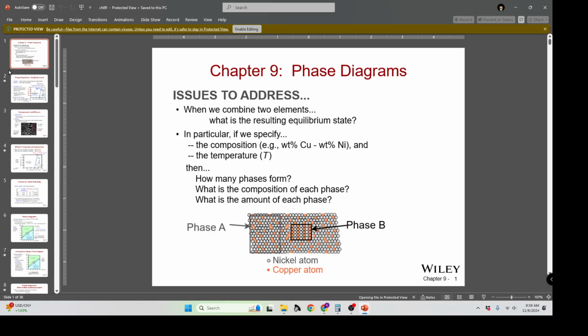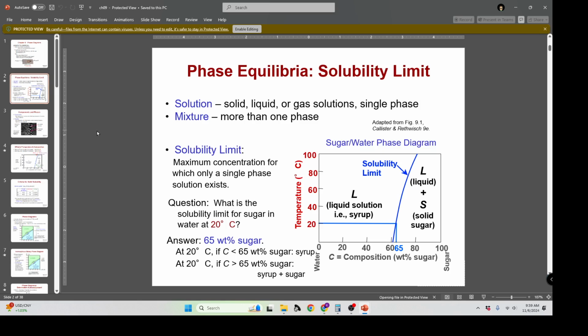So the phase diagrams, there are a lot of specific details. We want to pay particular careful attention to the difference between solutions and mixtures, and we have a lot of different aspects of solubility limits that come into play.